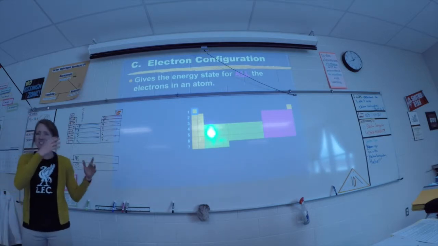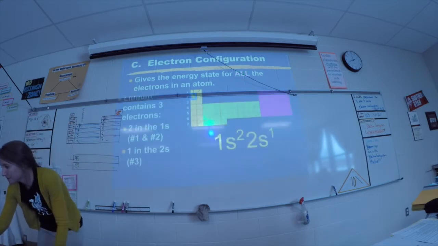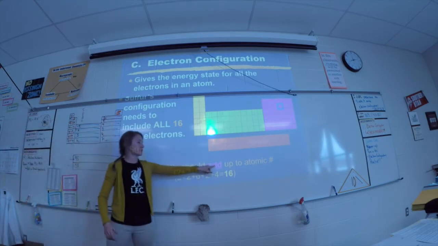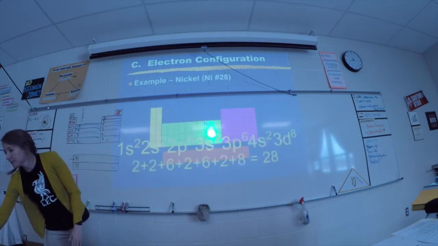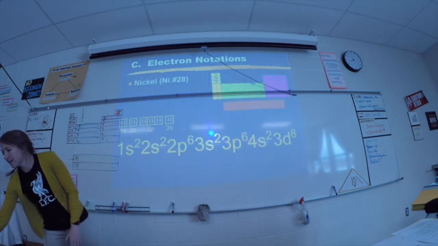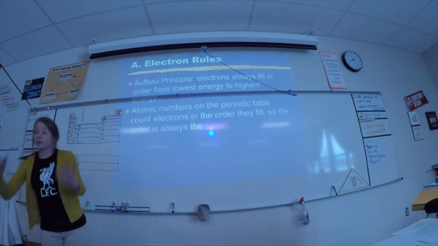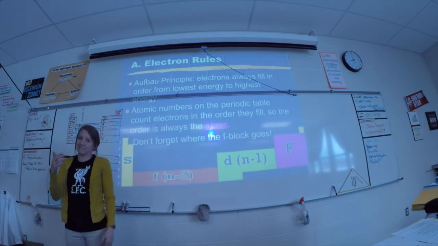Okay, I'm going to skip a bunch of slides because that's just all the practice problems for people who are absent. First one, if you didn't get it, the superscripts should add up to the atomic number, right? And then we'll come back to these boxes in a second. Keep in mind, and you already recognize this, the pattern's always the same every single time.